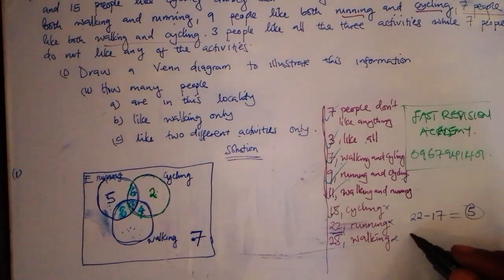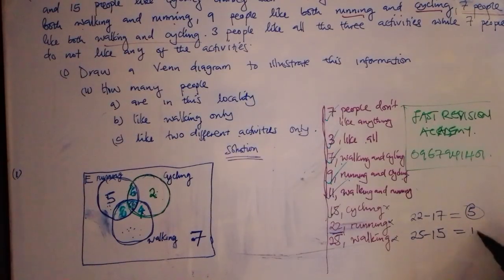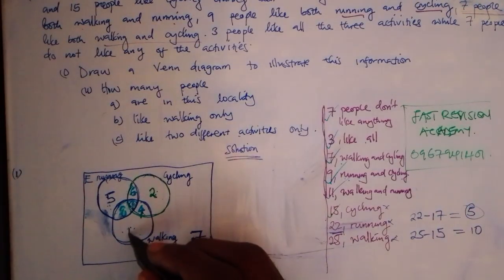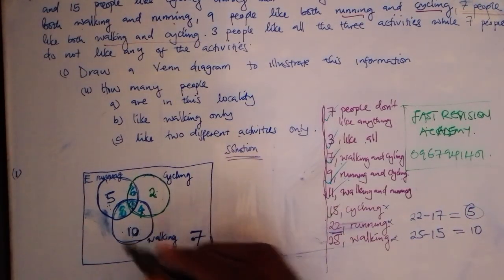So you say 25 minus 15, which gives us 10, as those people who only liked what? Walking. Yeah. So you can put here your answer 10.